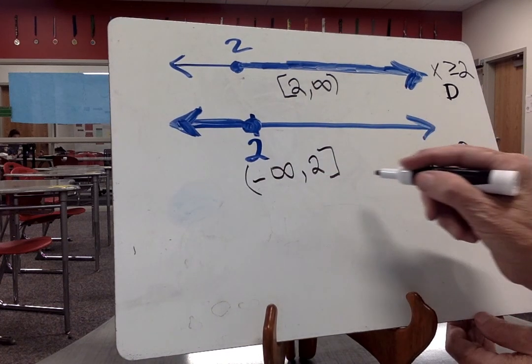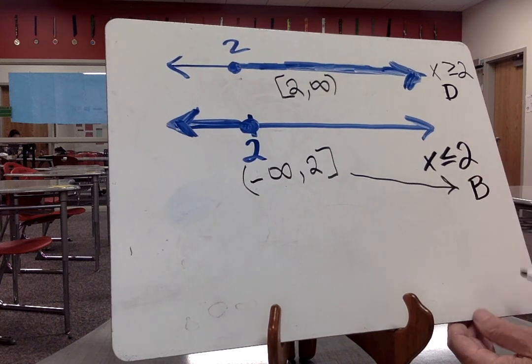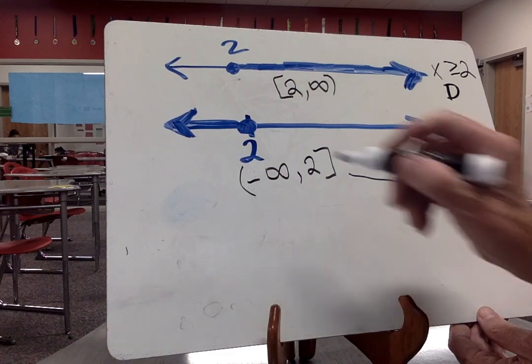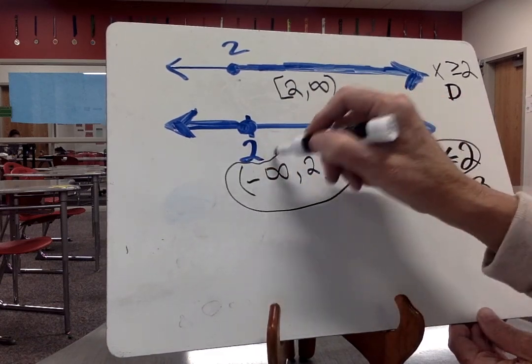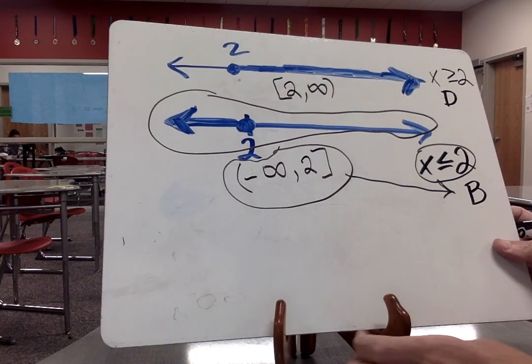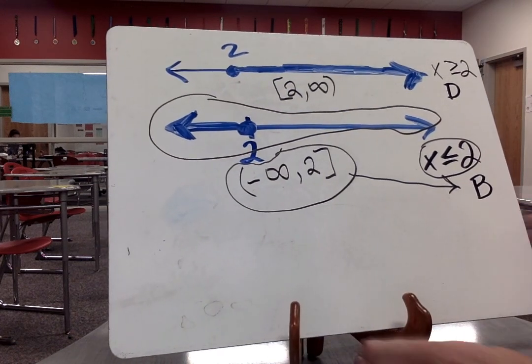So wherever you see that, that matches up with B. So these 3, the x is less than or equal to 2, this right here, and then the graph itself, they're all saying the same thing, okay?